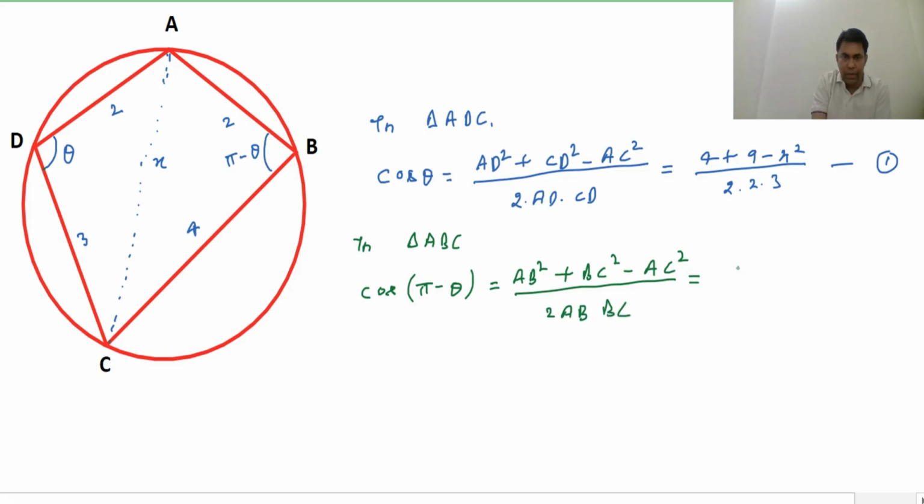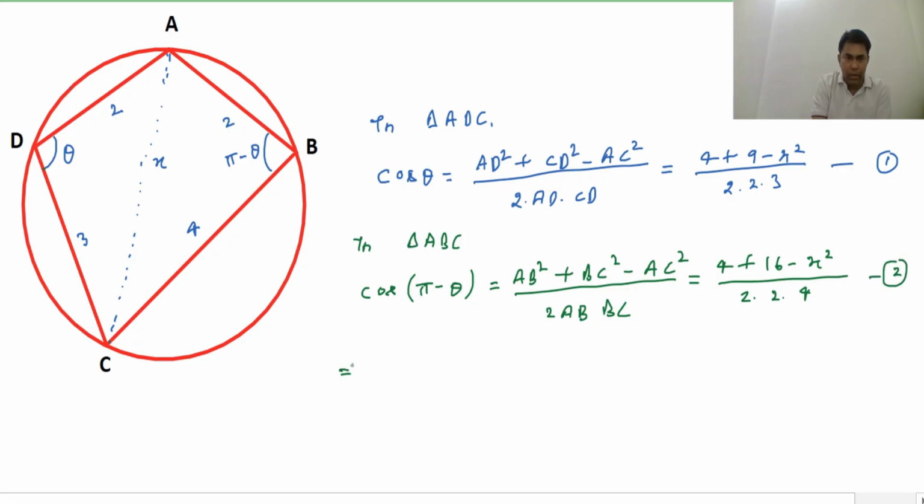If we put all the values, it will be 2 square that is 4 and BC is 4 and its square will be 16, then minus AC that is x, so it becomes x square, divided by twice of AB that is 2 and BC that is 4. Let's call it equation number 2.